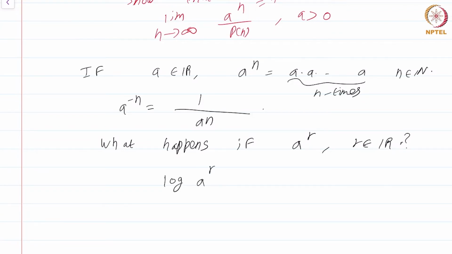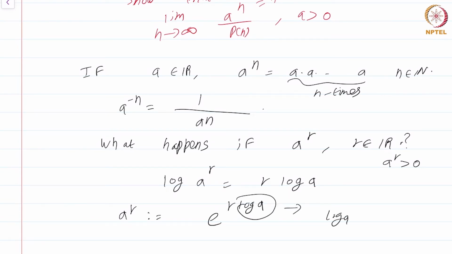You can do that whenever a power r is greater than 0, and we know that this becomes r log a. So we can just reverse engineer and define a power r to be exponential of r log a. And this will make sense whenever log a makes sense, in other words, whenever a is greater than 0.